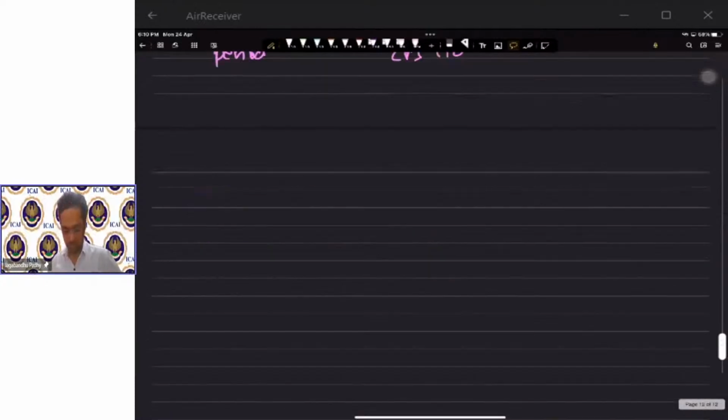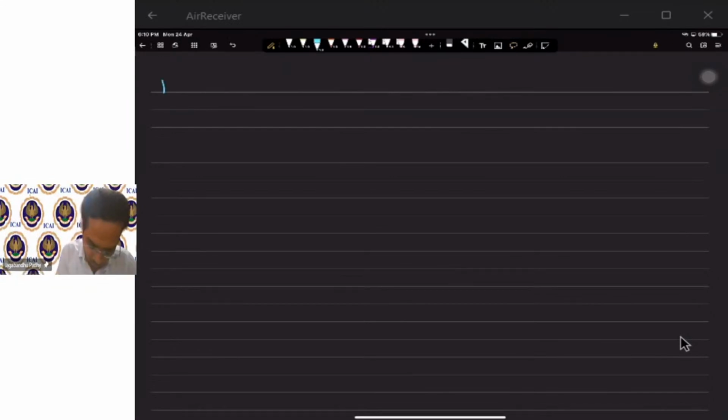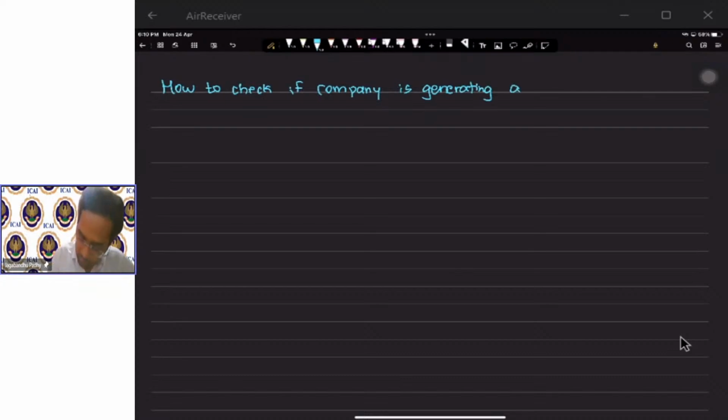Let's go for the next set of some of the interesting ratios now. Next ratio that we have is the profitability ratios. So we are simply talking of how to check if the company is generating adequate profits.